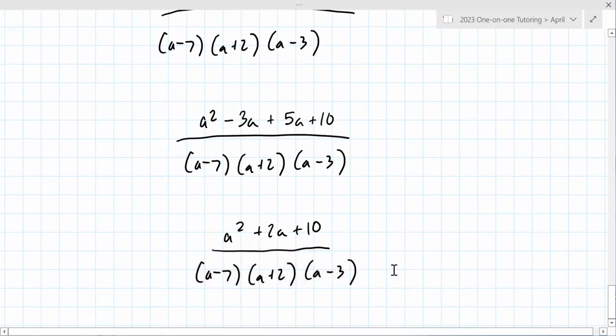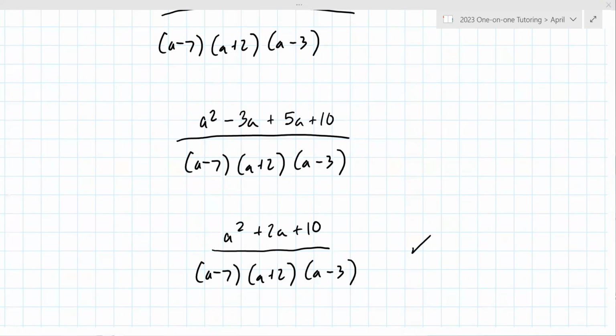In this case, you cannot. I'm just telling you that, but that is something you would think about: can I combine this or not? So we are done with this problem here. Okay. All right.